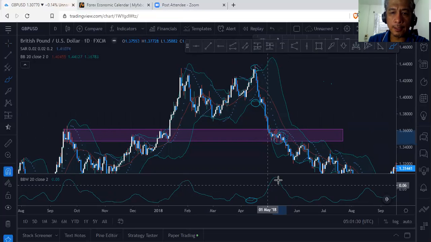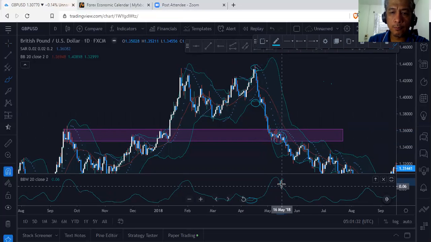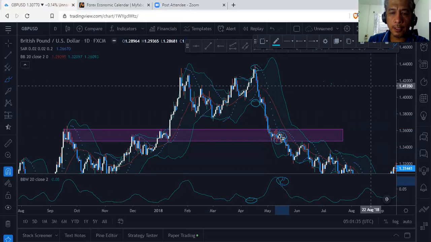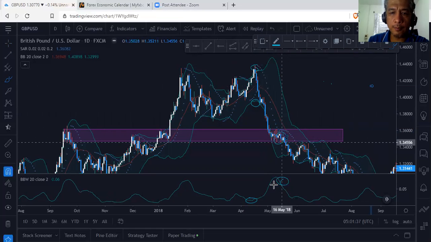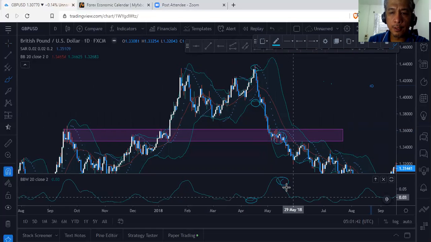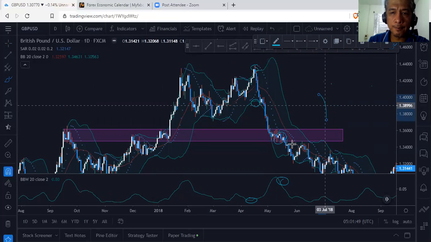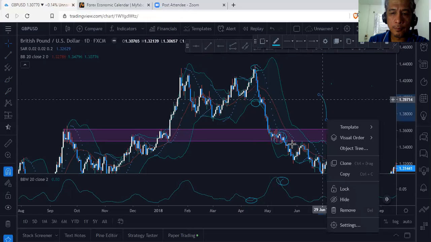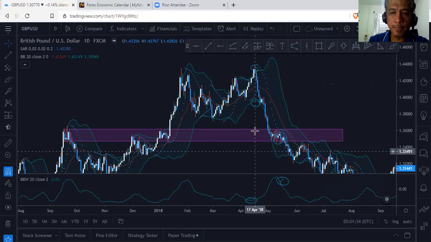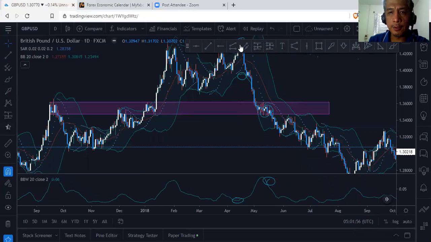And as the market reaches this area, you can see that the Bollinger Bandwidth is decreasing its momentum. So you can see here that the market was making a channel down. You can see also that the volatility in the Bollinger Bandwidth is decreasing as well.